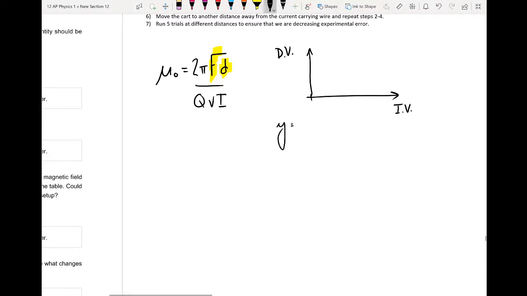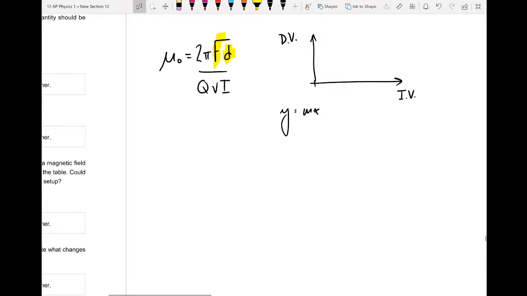Usually we have a y equals mx plus b form. In this case, we won't have any y-intercepts, so we'll say y equals mx. Let's get our y on one side.